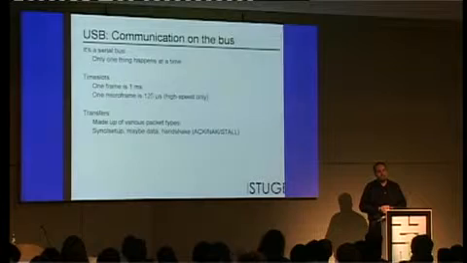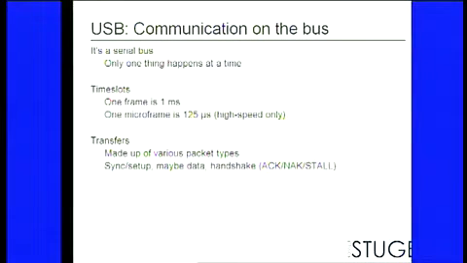There's a concept of frames. That's the minimum communication atom on the wire. It's 1 millisecond for low speed and full speed, and for high speed communication it's 1/8 of a millisecond, so 125 microseconds, called a microframe there.